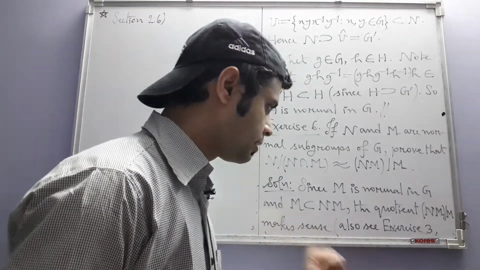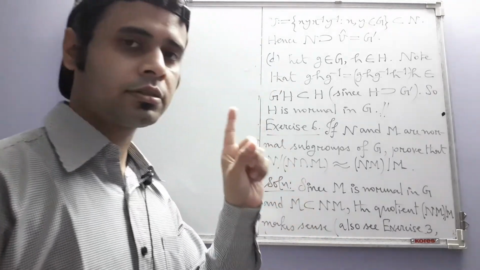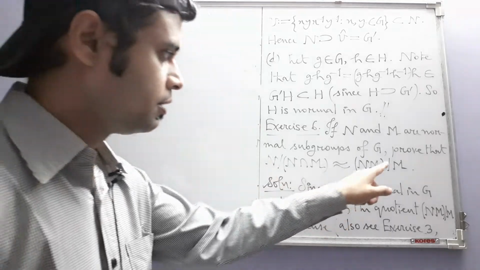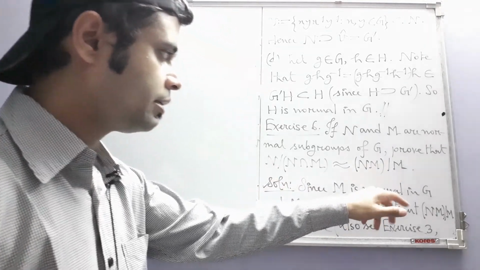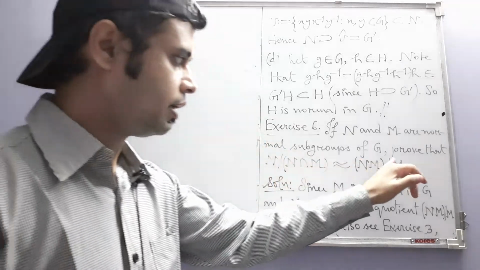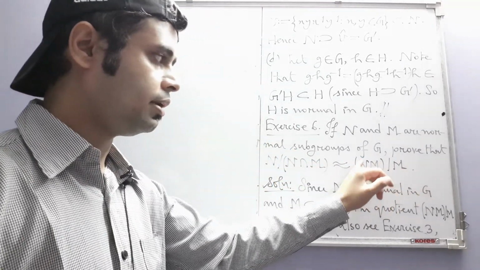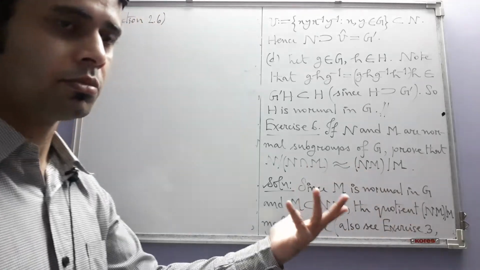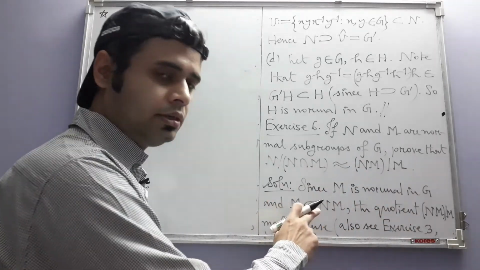So by this exercise, NM first of all is a subgroup, and since it's given that M is normal in G, in particular M will also be normal in NM. Moreover, since it's contained in NM.